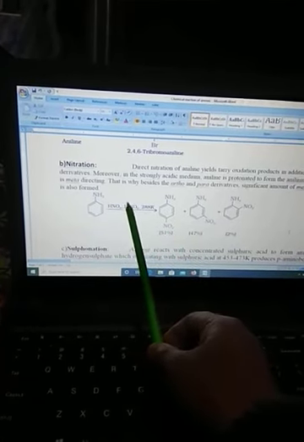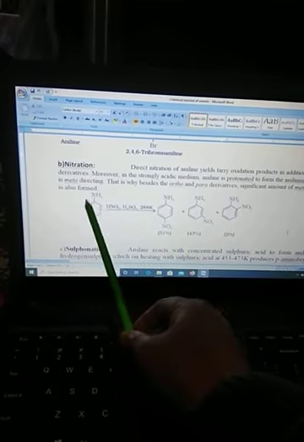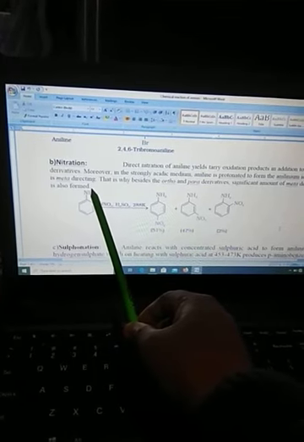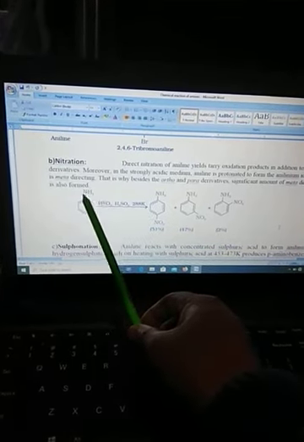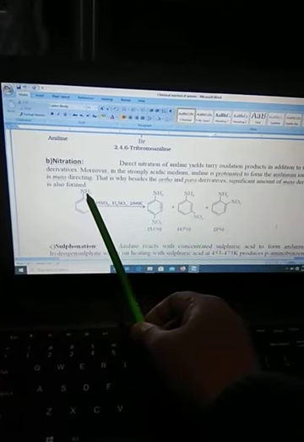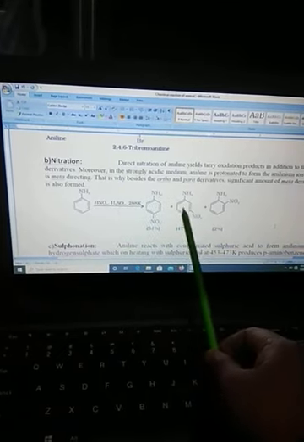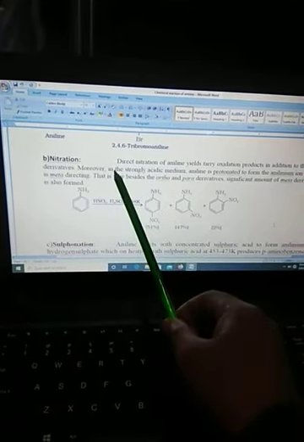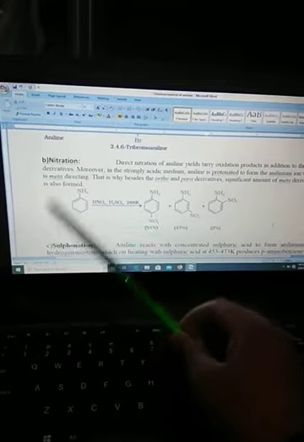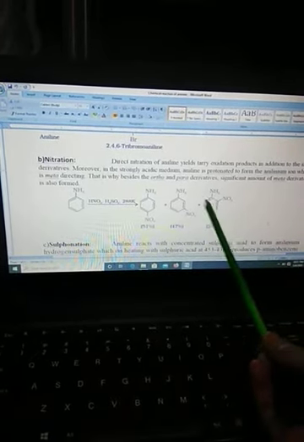When you react it with the acid, the H+ will go and form the anilinium ion, that is NH3+. When it becomes NH3+, it acts as an electron withdrawing group, and at that time the electrophile will substitute at the meta position. So direct nitration of aniline will give you three products: ortho, para, as well as meta product.